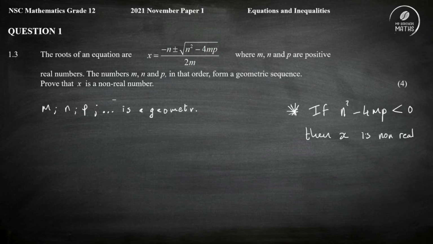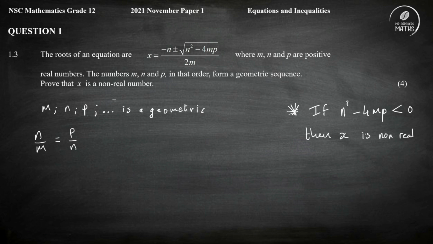And what do we know about geometric sequences? We know that they have a common ratio, that whatever we times m by to get n is the same thing that we times n by to get p. So that means that n over m is in the same ratio as p over n.